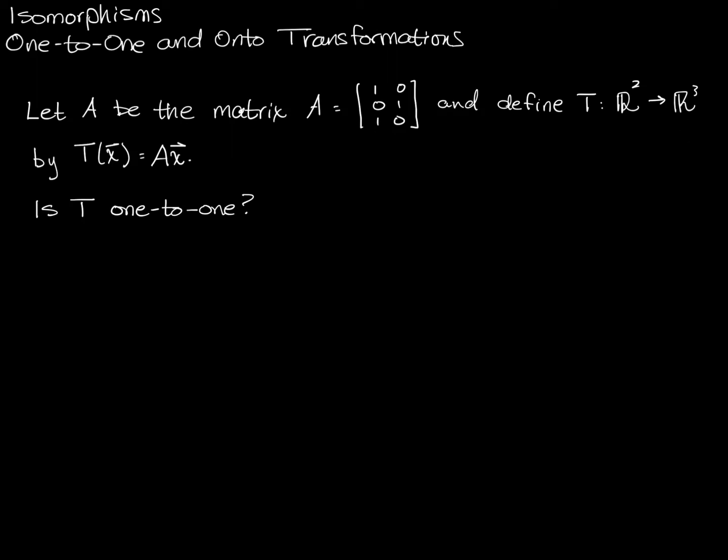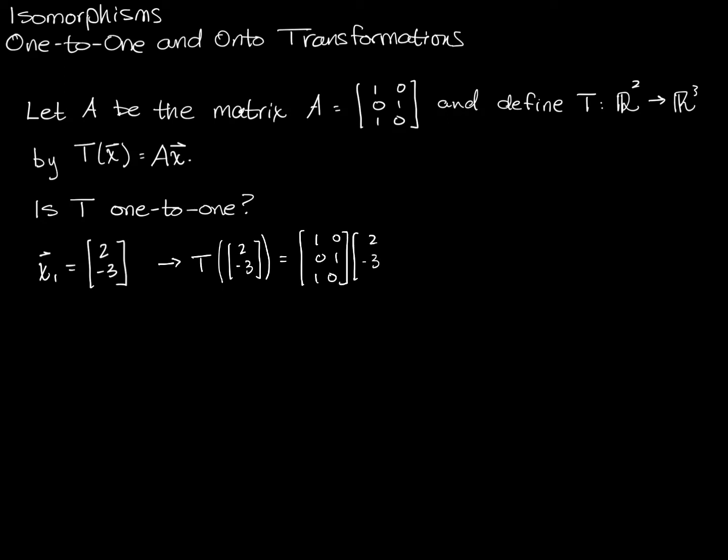So to start with, let's take something in, let x1 be (2, -3). This is something that's in my domain. It's a vector in R2, and I'm going to apply the transformation to it. So the transformation of (2, -3) is equal to A, which is [1, 0; 0, 1; 1, 0], times the vector (2, -3).